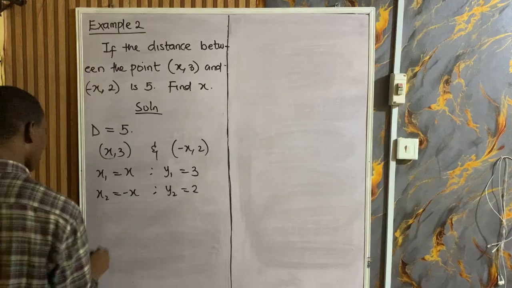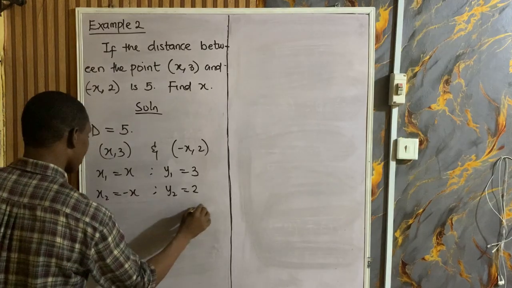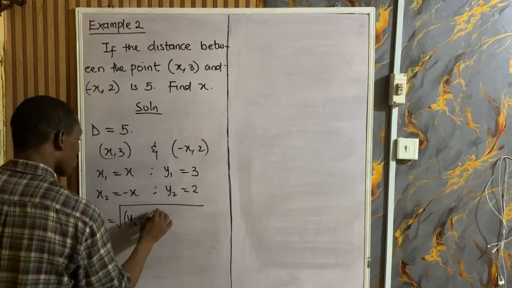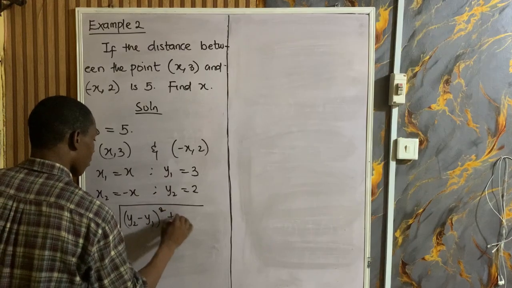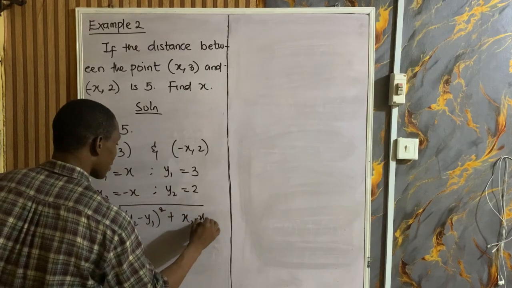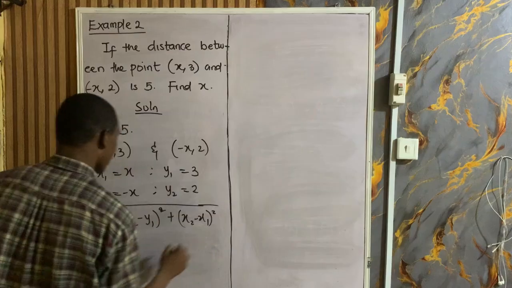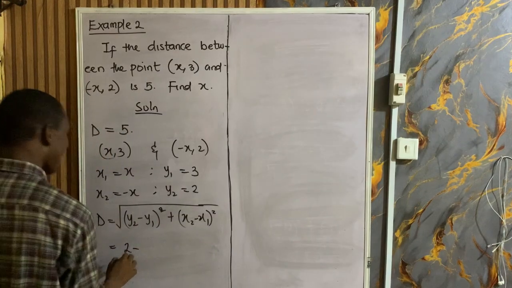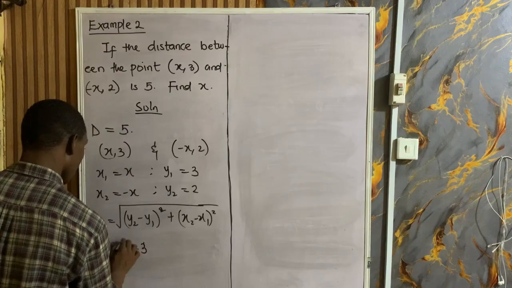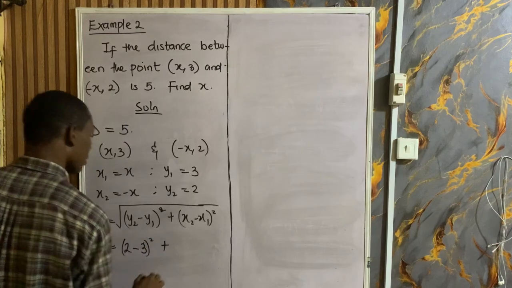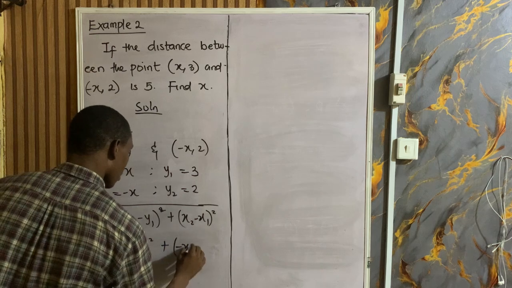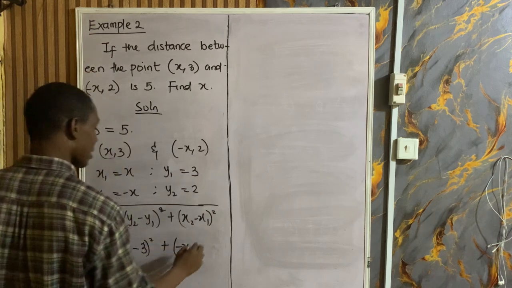Going by our formula, we know that the distance between 2 points is given as the square root of (y2 minus y1) all squared plus (x2 minus x1) all squared. And so what's our y2? That's 2 minus y1, that's 3, squared, plus our x2 is -x minus x1, which is x.